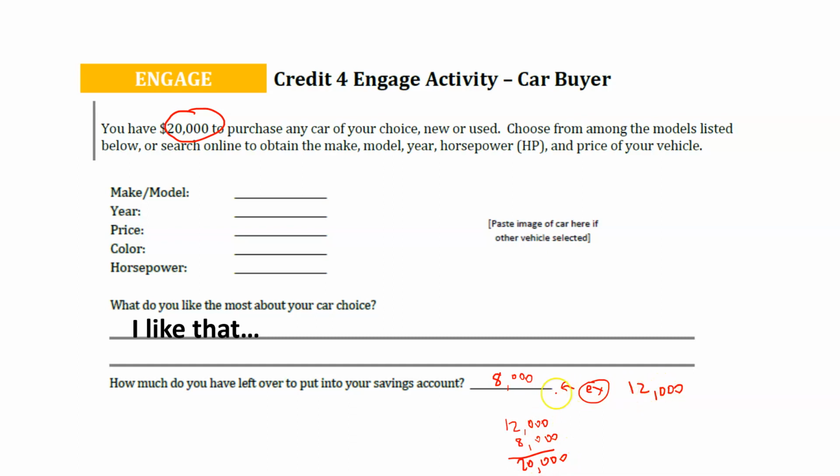All right, if you're wondering how you could figure that out, you can always subtract the price of your car from $20,000. All right, take a moment to pause if you need to. If at any point I go too fast, please feel free to pause.